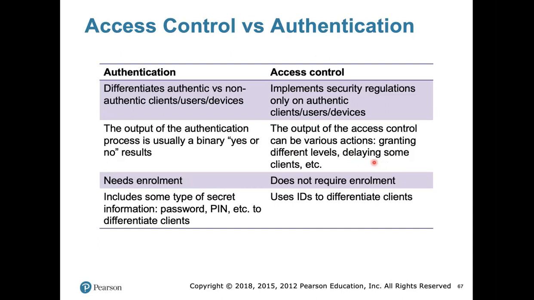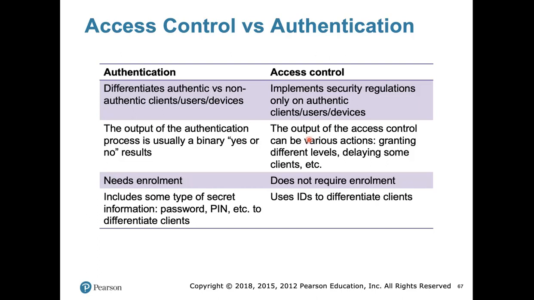What the access control mechanism will do is give permission to one of them and delay the second one, because we don't want to let two processes write on the same file at the same time. This is impossible. They just end up ruining the file. So that's why the output of access control is very different, and it might be granting different levels, delaying, and things like that.